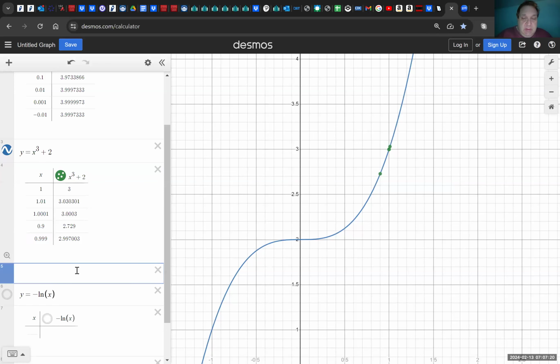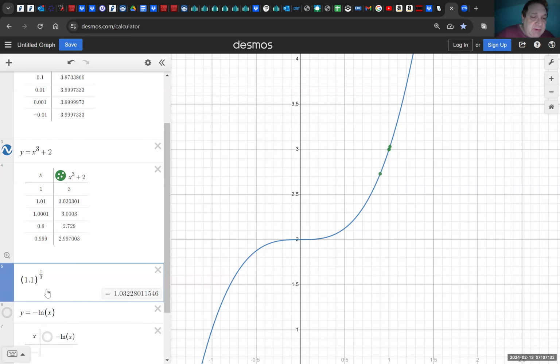So I'll do something like 1.1, and I'll use some parentheses perhaps. And I'm going to raise it to the 1/3 power. And that gives us a value of x, 1.03. So as long as we had a number in our table that's smaller than 1.03, we would have gotten something that's closer than 0.1.